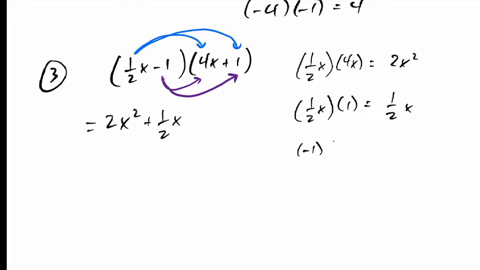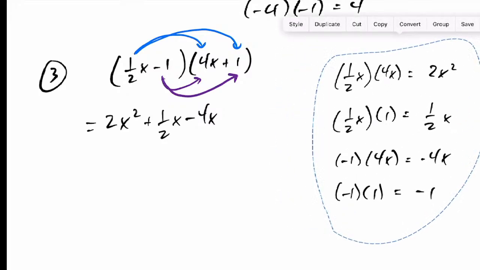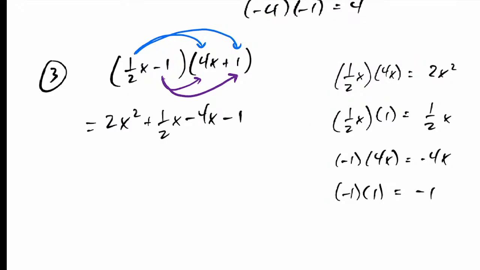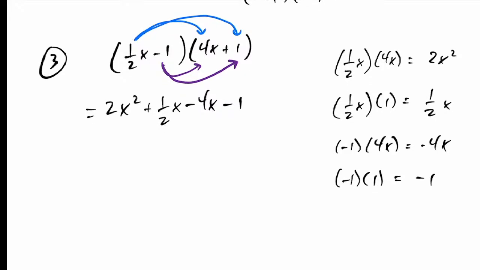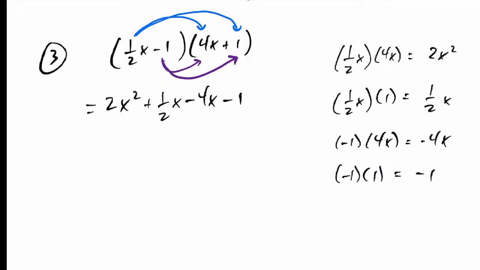Then we're going to have minus 1 times 4x is negative 4x. And lastly, negative 1 times 1 is minus 1. Good so far?